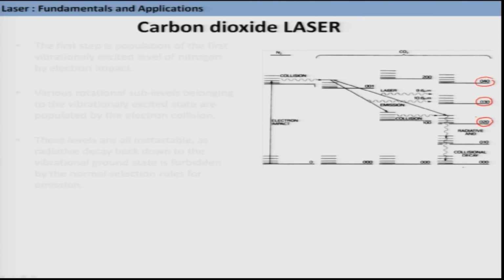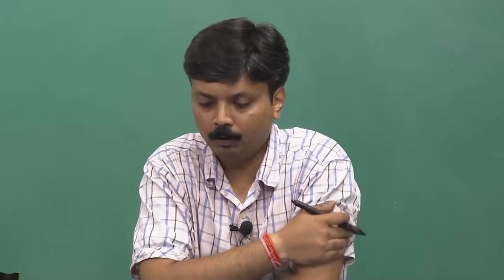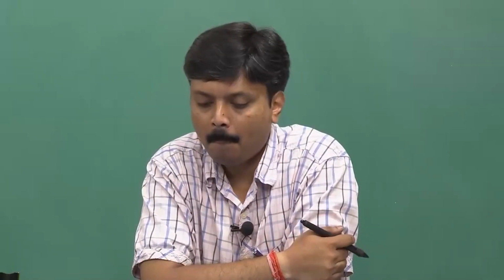Anyone interested can look at a standard spectroscopy book or standard quantum mechanics book. You can find how to get these symbols. Right now you just take them as different low vibrational states corresponding to different electronic states.